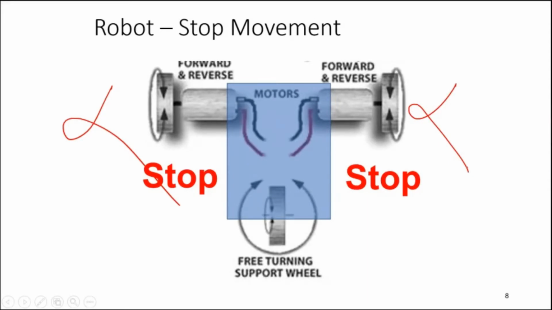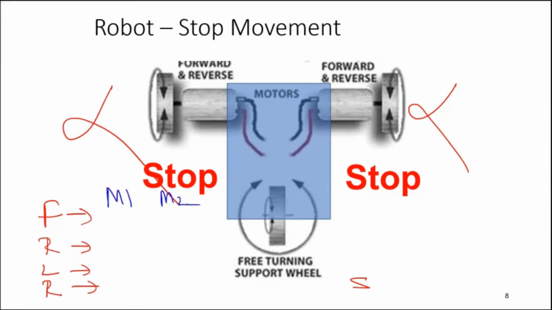So if you put permutations and combinations: forward, reverse, left, right, and stop. So what is the requirement? Let us call both motors M1 and M2. This is M1.